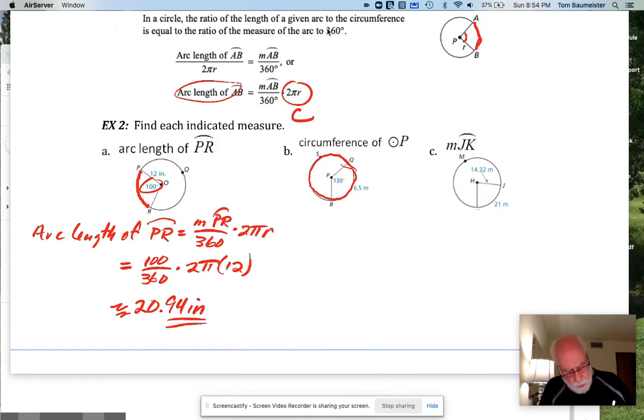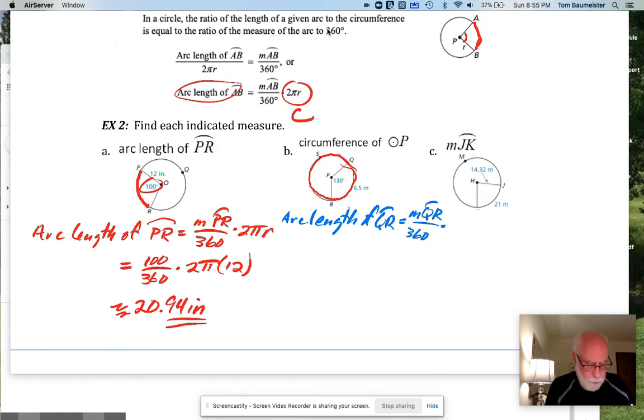The arc length of QR is equal to the measure of the degrees of QR over 360 times, now I would say 2 pi r, but they're asking us to find the circumference, so I'm just going to put C there now.